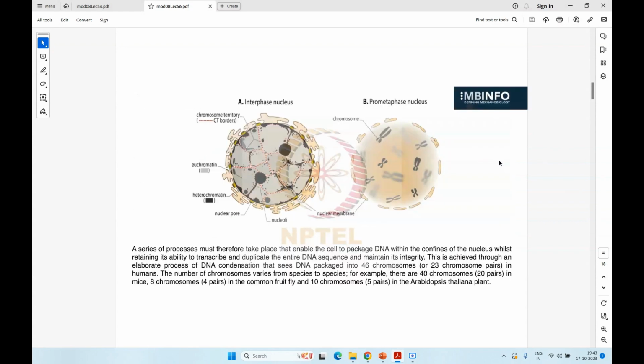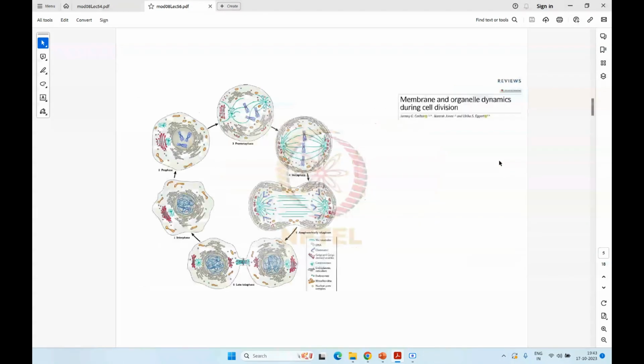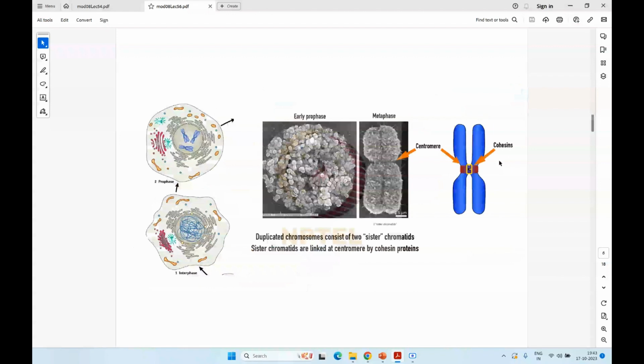This is what we have discussed. This is what the nucleus and the chromosomes would look like. This piece of DNA has not condensed yet.